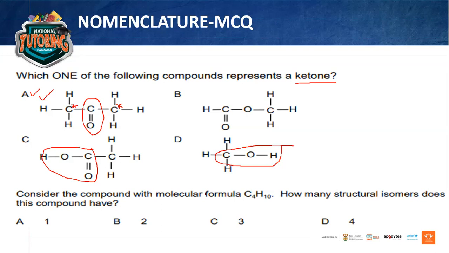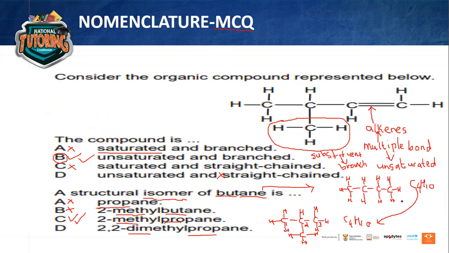Then consider the compound with molecular formula C4H10. How many structural isomers does this compound have? And I want us to just go back to the previous slide. C4H10 is this molecule. It's butane, right? It's butane.